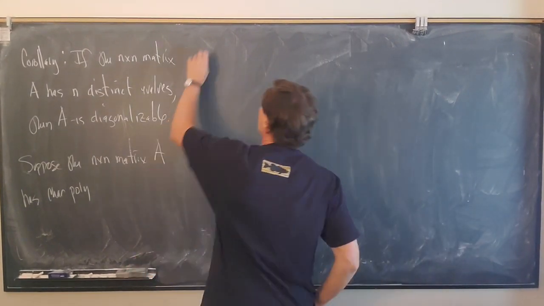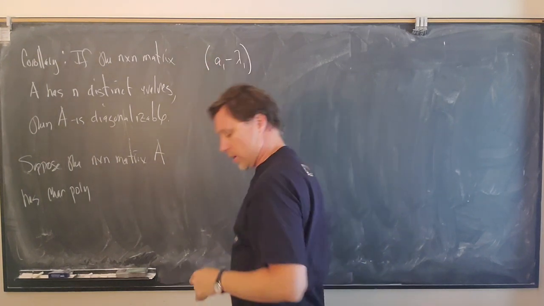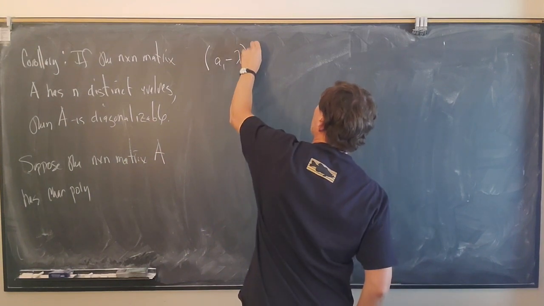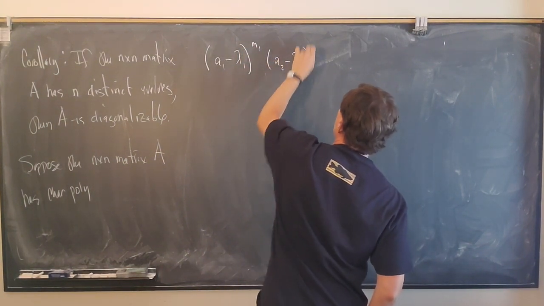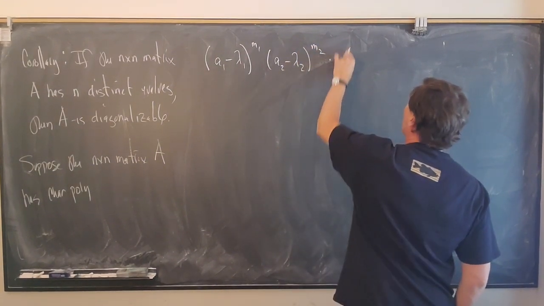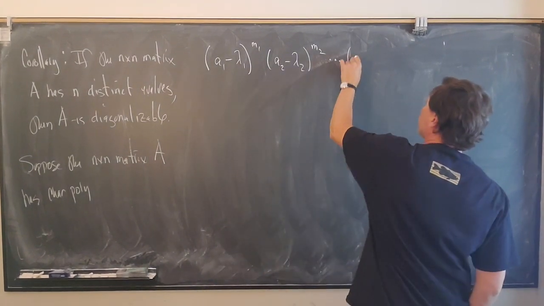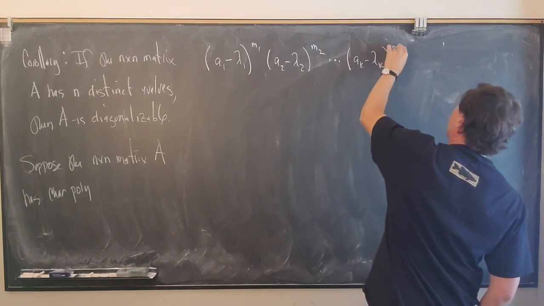So it's going to look like this, say a sub 1 minus lambda 1 raised to the m1 times a sub 2 minus lambda sub 2 raised to the m2, all the way down to, let's say, a sub k minus lambda sub k raised to the m sub k.